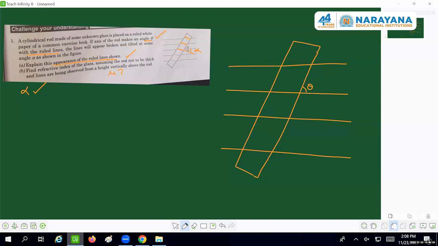What is the refractive index of the solid cylinder? As I solve the problem, obviously the reason for that appearance will be explained, and we will also find out the value of mu in terms of theta and alpha.